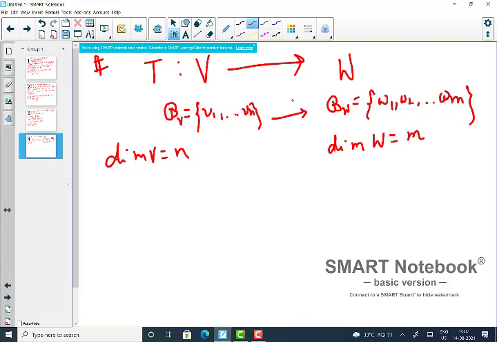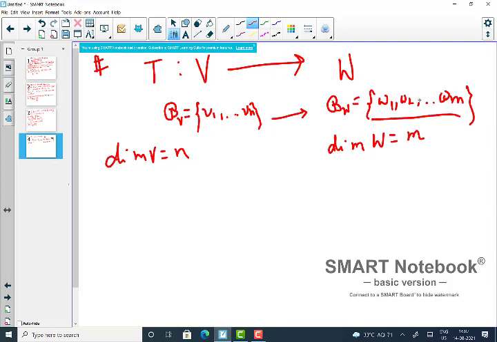The map is defined by choosing the images of the vi as elements wi. And you can take the images and write them in terms of these vectors.